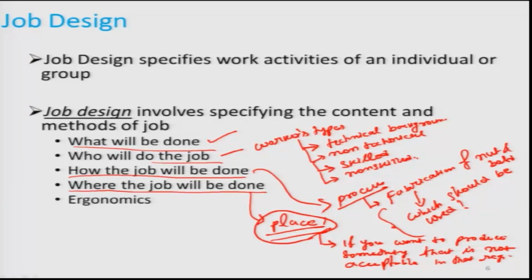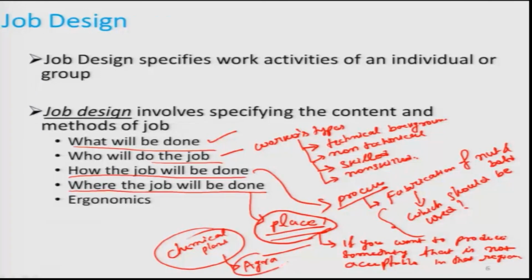For example, if you want to open a chemical plant, you can't open this plant near Agra, because the environmental and pollution board will not allow you to establish a chemical company, as that may harm the Taj Mahal.